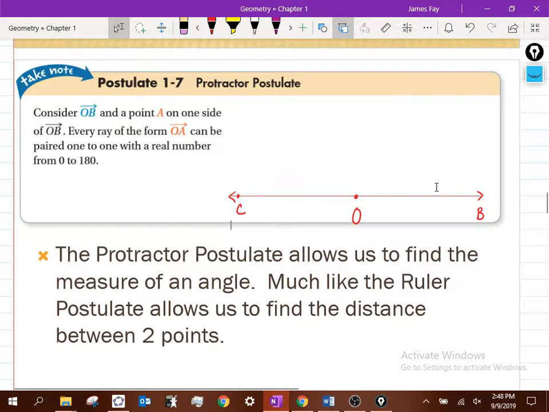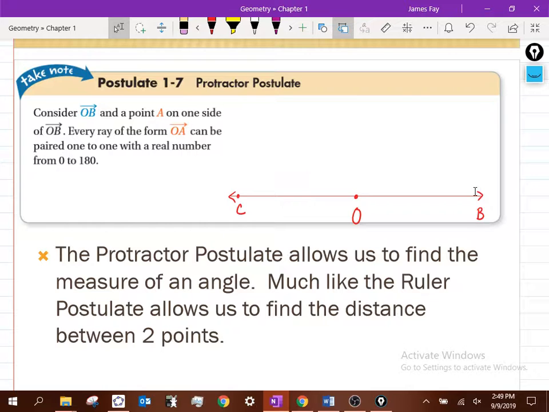Now, the way this postulate's written from this textbook doesn't incorporate this, but if I've got ray OB, there always exists a ray that's opposite to it. So I'm going to draw this ray OC. How many degrees would that angle BOC end up being? If those two things are opposite rays or a straight line, 180 degrees.